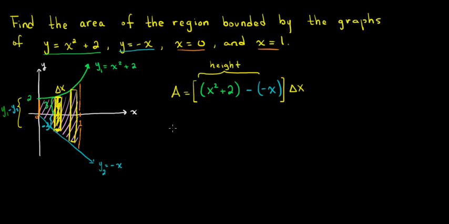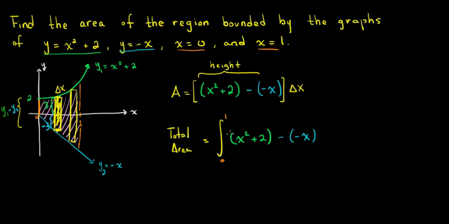So really, if I want the total area, this is just going to be equal to the integral. And again, remember our limits here, we're going from 0 to 1. And then I'm just going to have my two functions. The upper function, let me do this in green, which is going to be x squared plus 2, and then we're going to take away this bottom function, minus x.